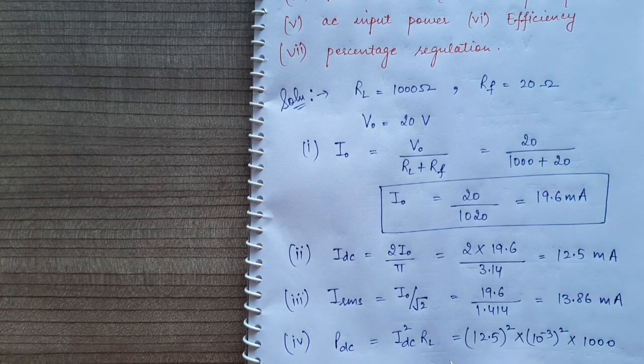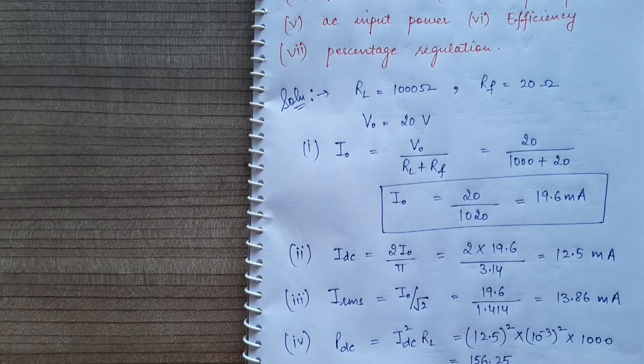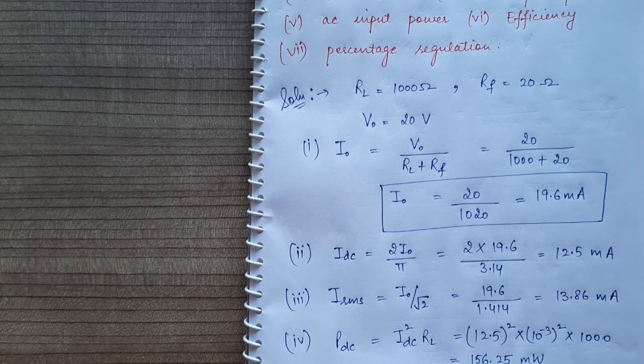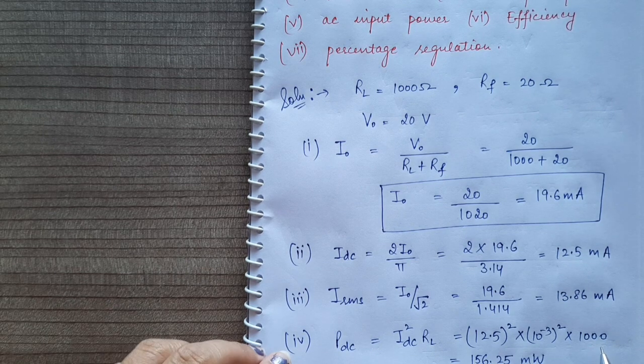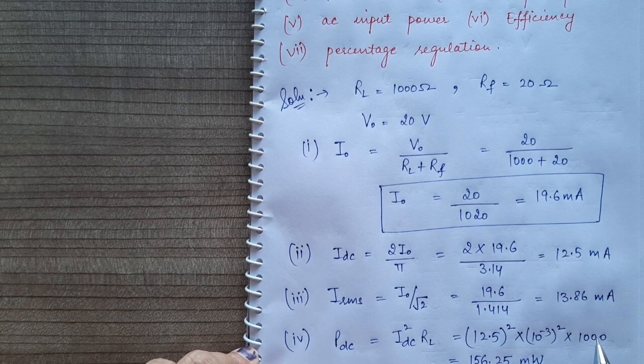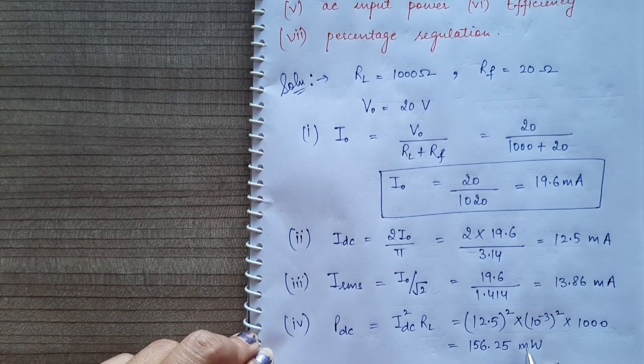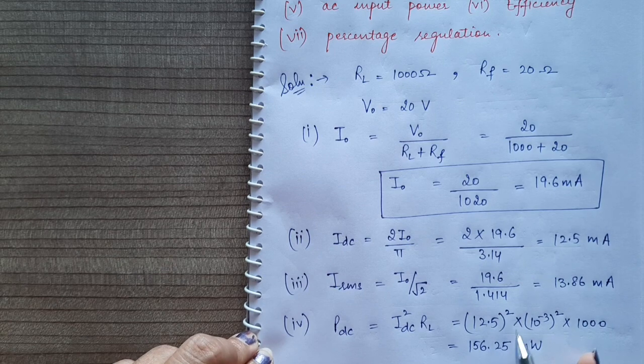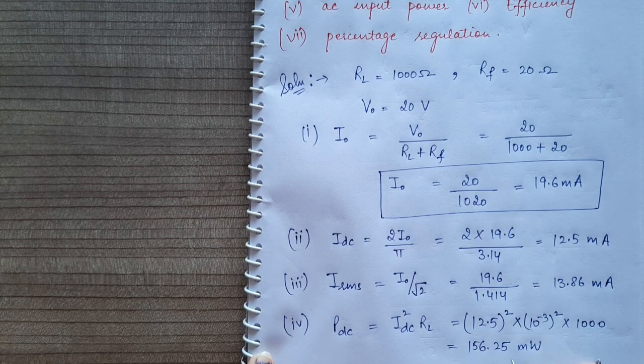After solving, it comes out to be 156.25 milliwatt, because 10 raised to power minus 6 and 10 raised to power 3 give 10 raised to power minus 3, which is milli, and 12.5 whole square is 156.25. So DC output power is 156.25 milliwatt.